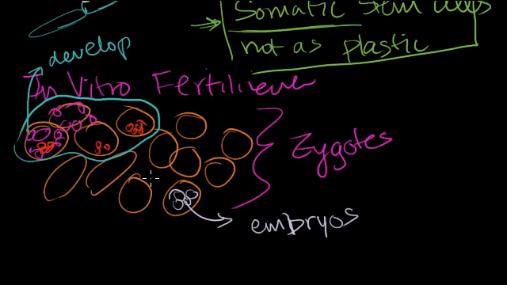A lot of these are frozen, but just the process of freezing them kills them, and then thawing them kills them again. So for every one child that has the potential to develop into a full-fledged human being, you're actually destroying tens of very viable embryos.